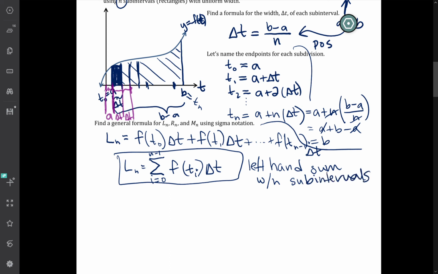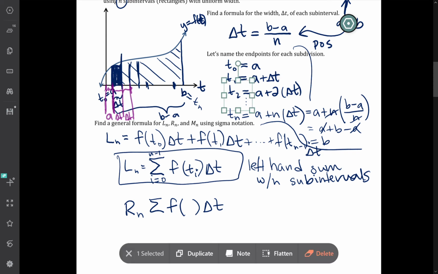Okay, so I'm hoping it's not too tricky to spot what happens when we do r sub n. For r sub n, the terms are going to look the same. We're going to have f of something times delta t. What changes is just which t values. So now we're not going to want to start with t sub 0. We're going to start with t sub 1 so that we get the y value on the right-hand side.